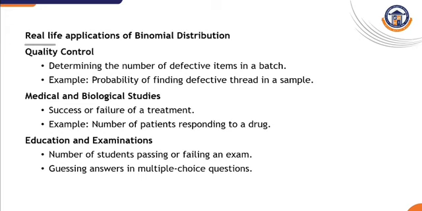This is a main example in our medical field. Then in education and examination: the number of students passing or failing an exam, and guessing answers in multiple choice questions, which is a trial and error method. These are the real-time examples, mainly in these three areas.